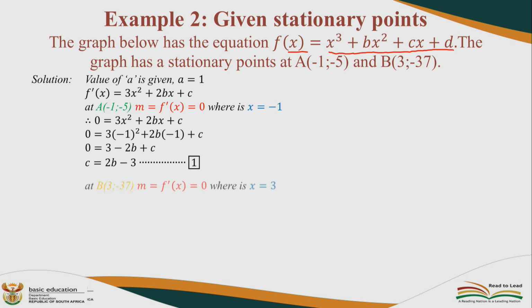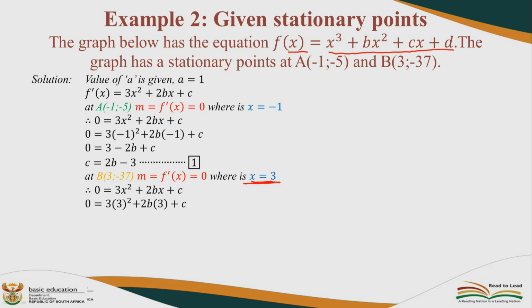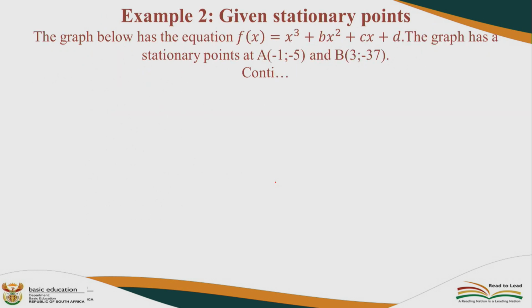So at b, remember b is also a stationary point, which is a turning point. So I can say now my x value is 3. So let me see when I put in the place of x is equal to 3, and then you get your answer like that.